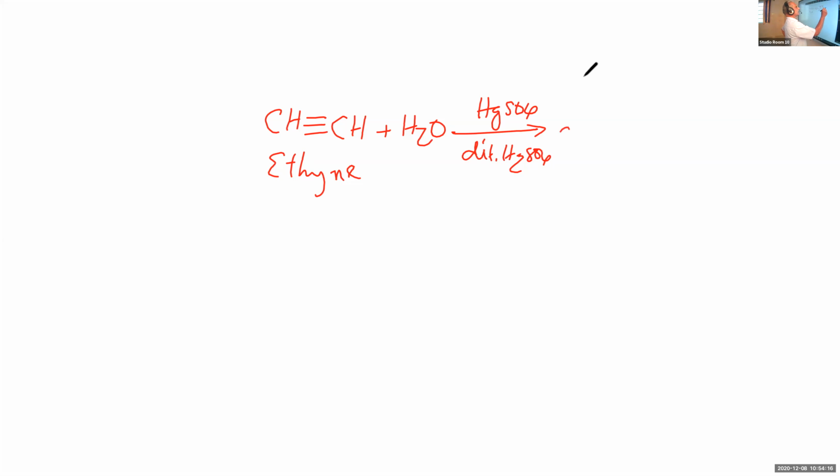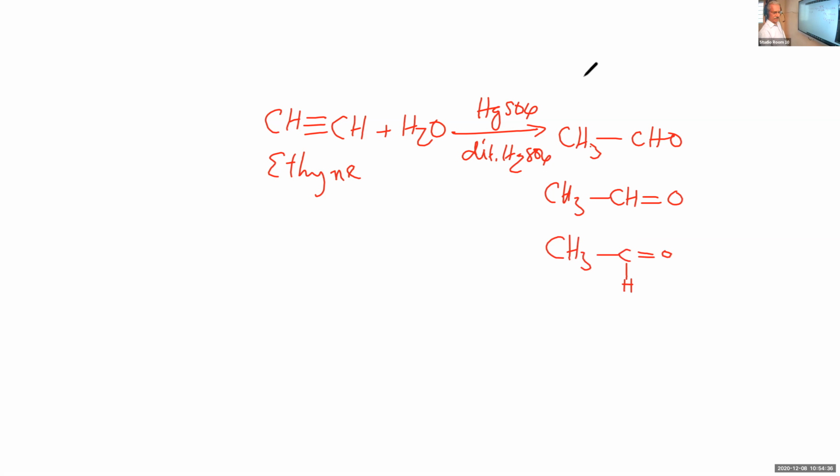And you get a compound, CH3CHO, same as CH3CH double bond O. That is an aldehyde. CH3CHO is ethanal.